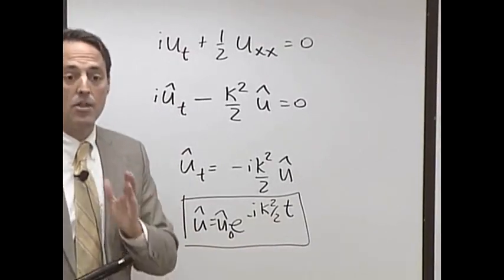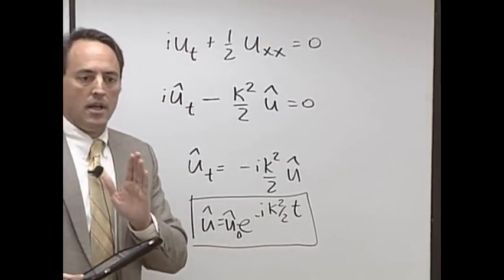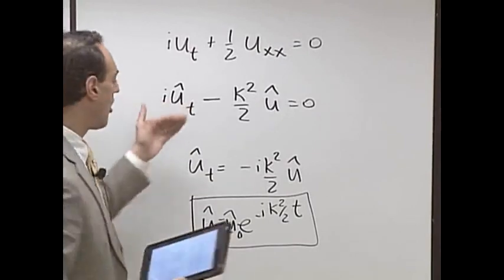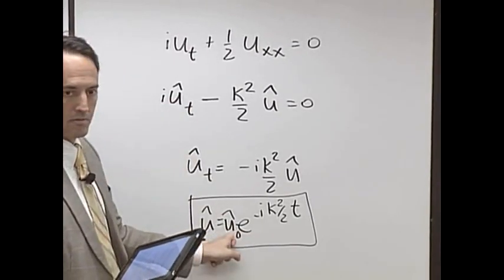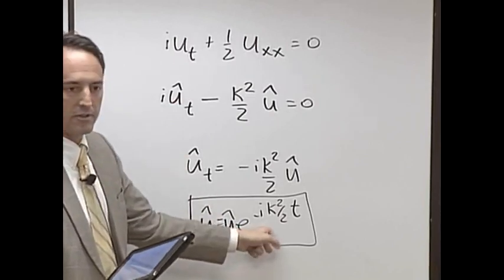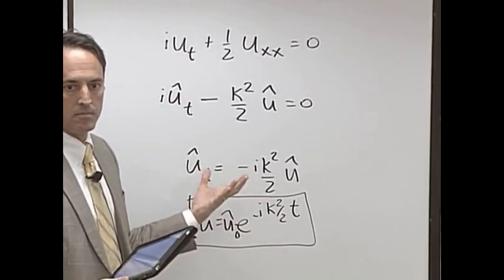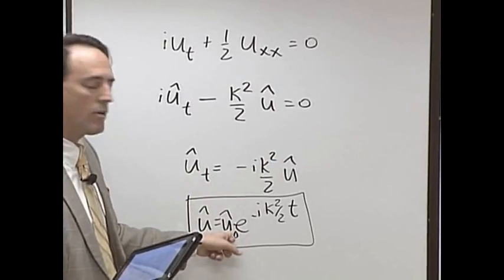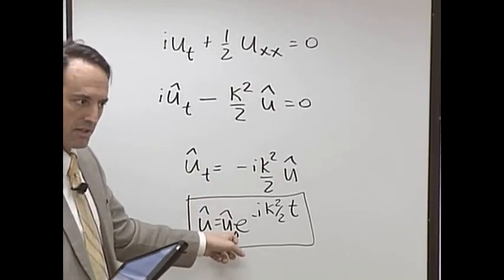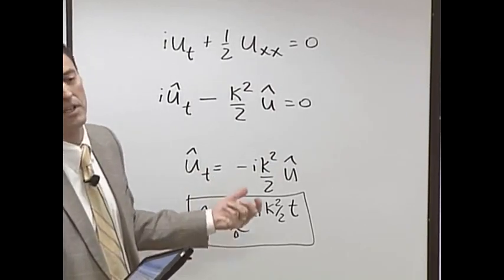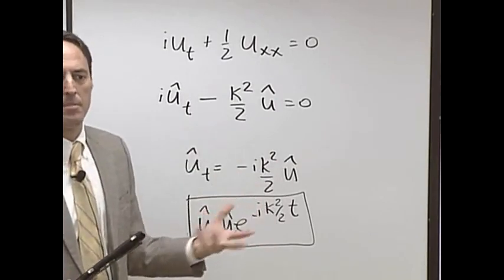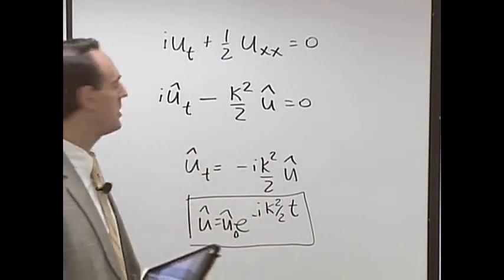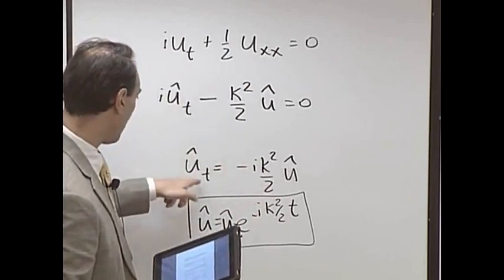In other words, if I want to solve this over some delta t, all I have to do is take my initial condition, multiply by that factor, and inverse Fourier transform it. And if I know the Fourier transform of the initial condition, suppose I put in a Gaussian or something nice like this, I could compute this exactly. But even if I don't, over any delta t, I don't have to solve this thing anymore.